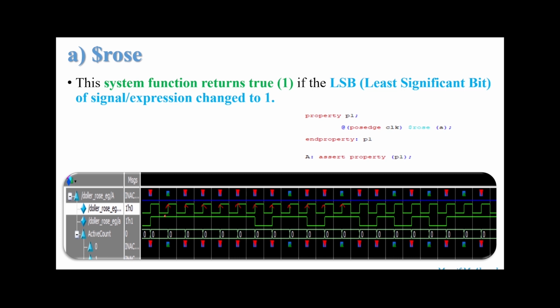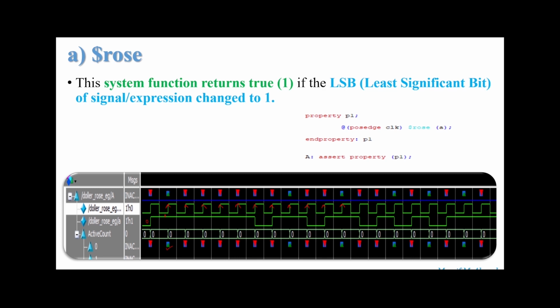So the value of A is 1 here, and the value is changing from 0 to 1 here, right? Meaning we are able to see the signal changed to 1. Hence the assertion is passing over here. You will find this green triangle.